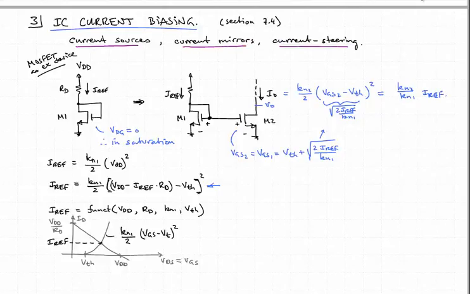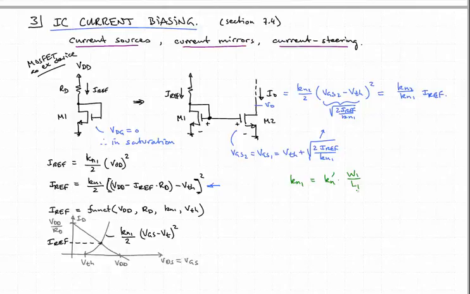Now we can write Kn1 as being equal to Kn prime times the width of transistor M1 divided by the channel length of transistor M1.